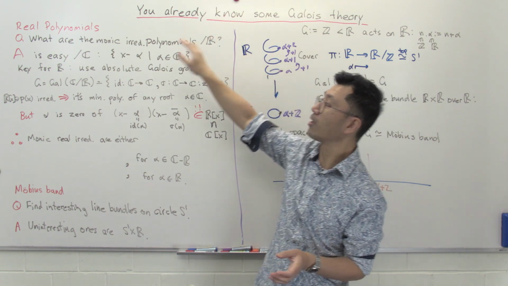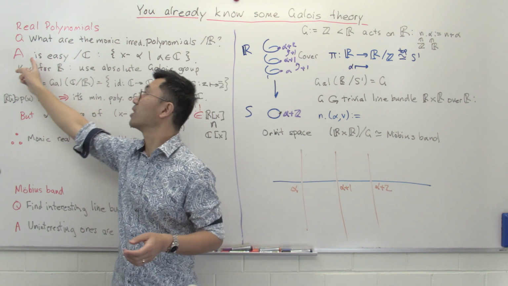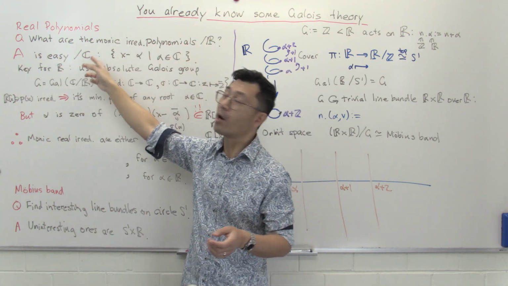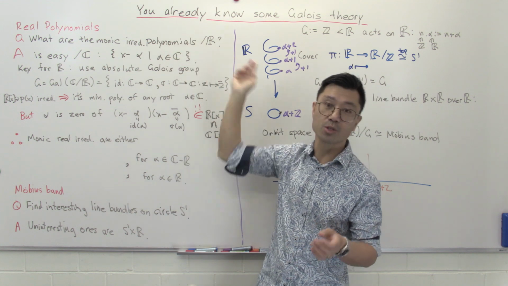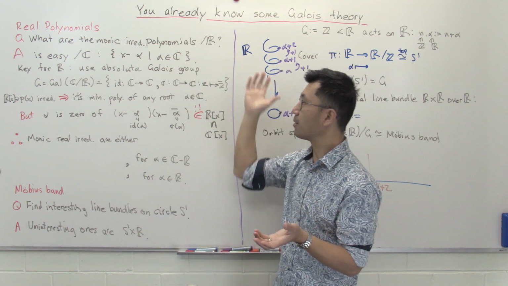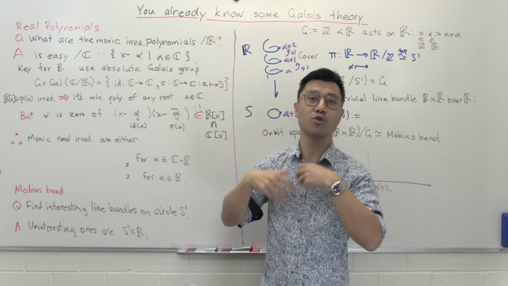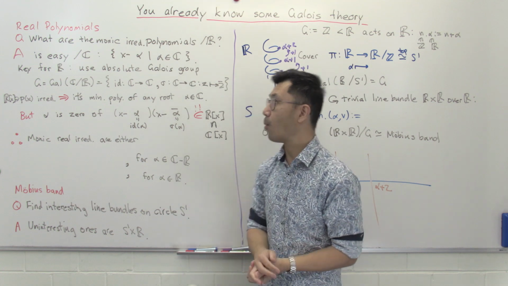The first example involves real polynomials, and I want to raise a very simple question here. What are all the monic irreducible polynomials over R? Hopefully this is an example that you would have seen before and you know the answer to, but I want to frame it in terms of using symmetry and the ideas of Galois theory.